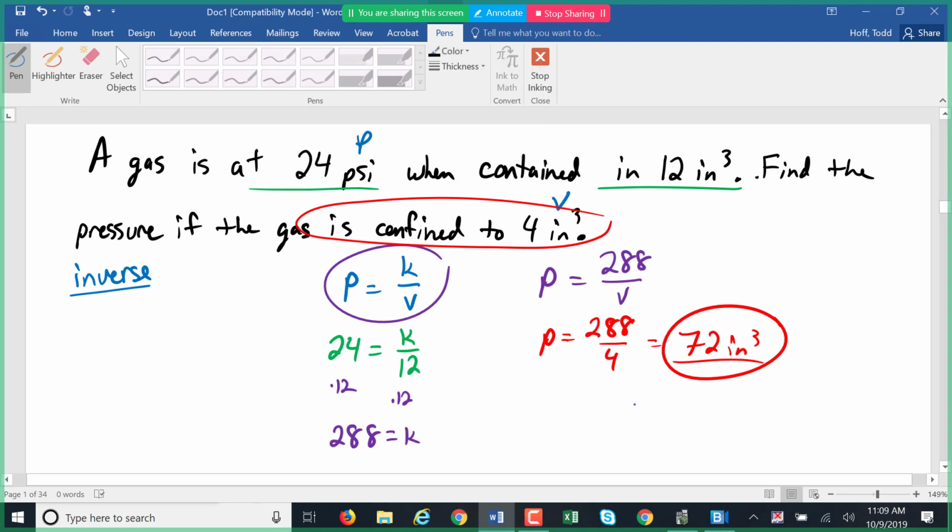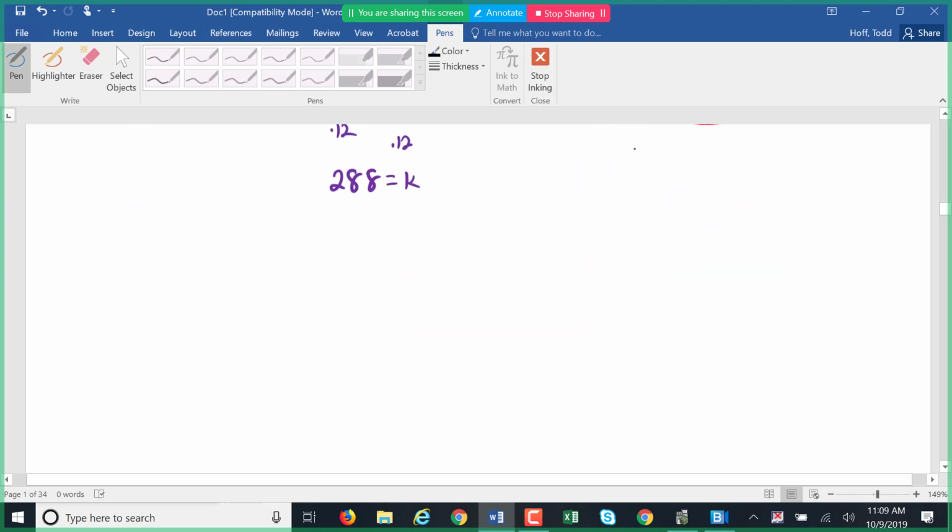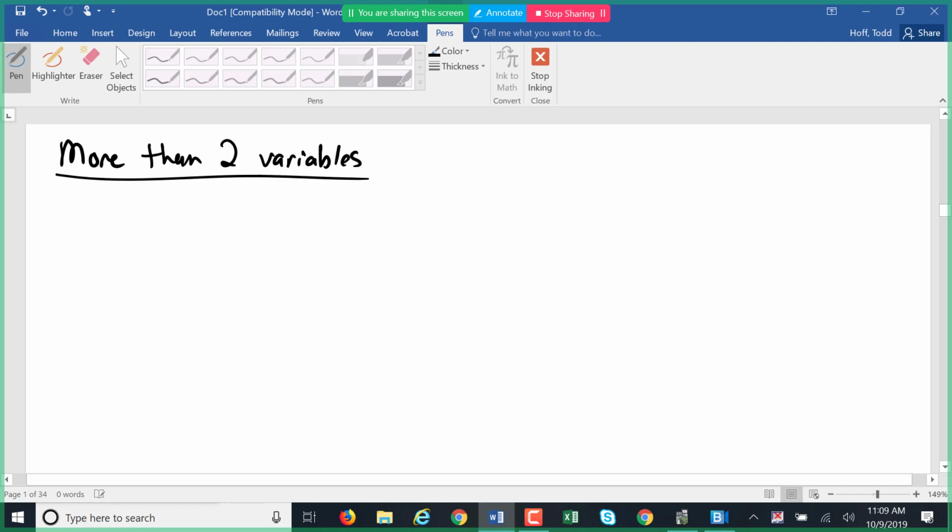Well, sometimes, as we said, you have more than 2 variables. In most cases in life, in order to get a situation down to 2 variables, you have to artificially constrain many of the other variables. You have to force them to stay the same.